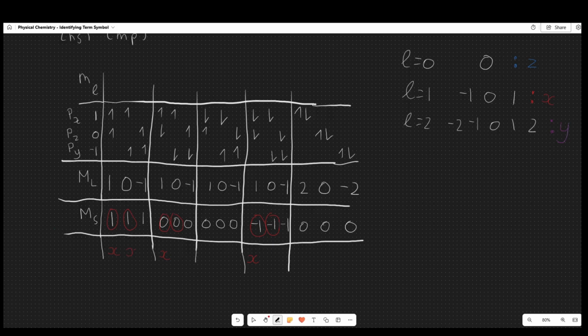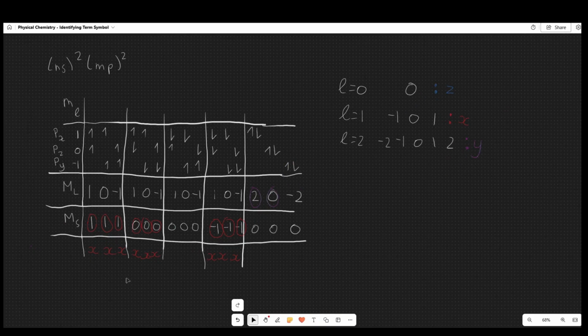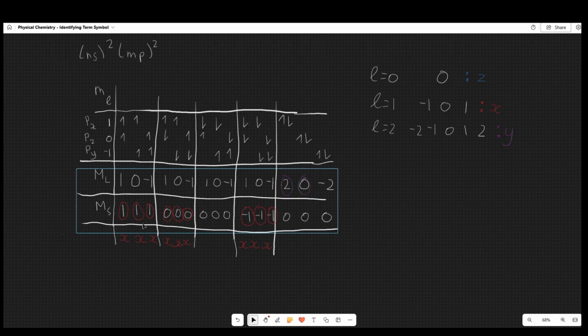So we have these also being X's, and again, same thing here. So we have a lot of X's. We could also have grouped from this that all these are 1, 0s, and -1s. So now we have all our X's. Now let's look at the Y's. We found a 2, we found a 0 for it, and we found a -2. Let me just zoom. So we have 2, 0, -2.